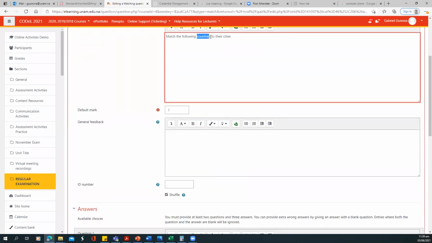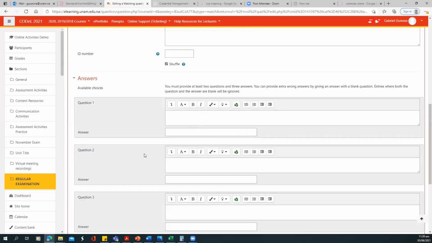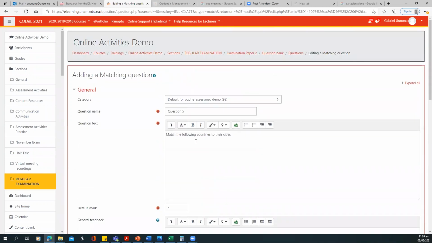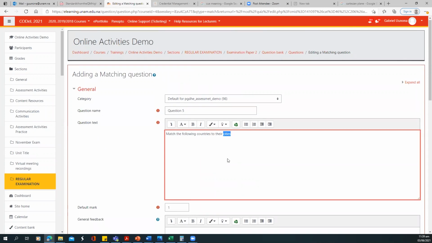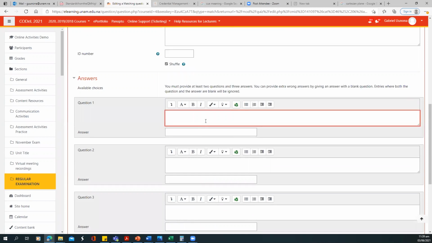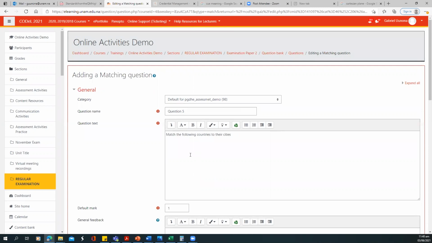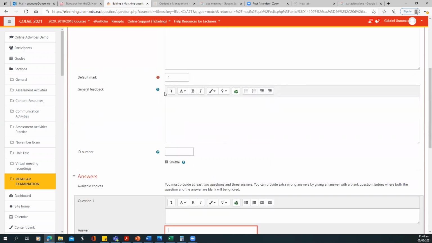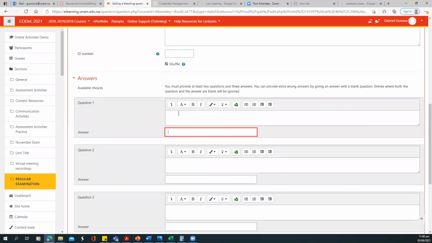And take note, if I'm matching A to B, then what comes in the questions is A, and what comes in the answer is B. So in this case, if I'm matching countries to cities, what comes in the questions is the countries, and what comes in the answer is the cities.